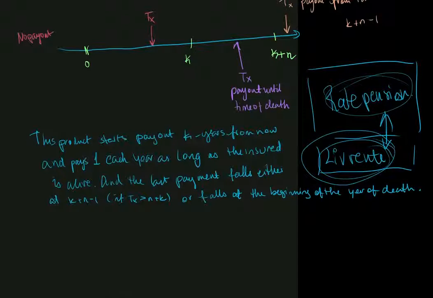And if you're quite sure you won't last that long anyways, then you can just buy a temporary annuity. Normally what people do is they actually buy a combination, so that you will have the temporary annuity for a number of years and uphold a certain standard of living, and then after that live off of the lifelong annuity. So that's also a way to do it.